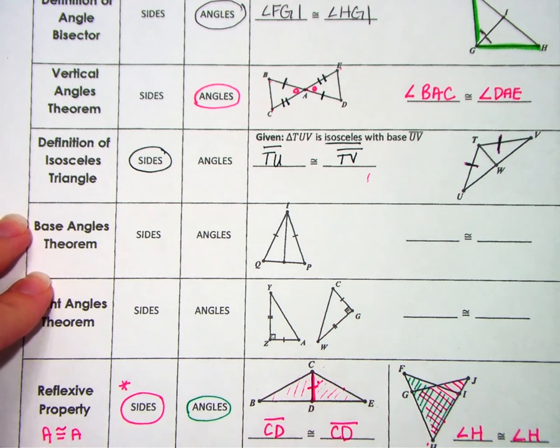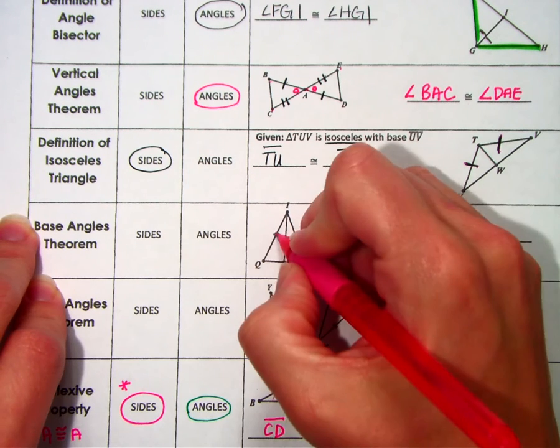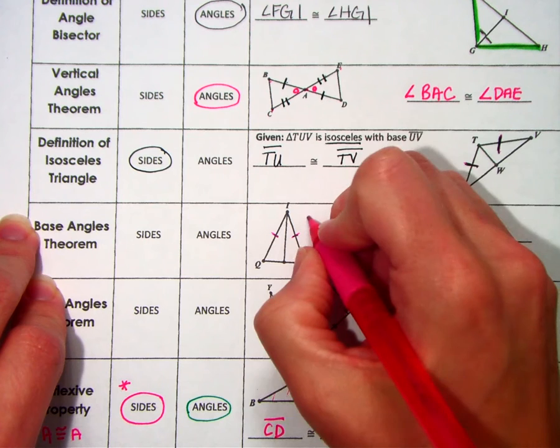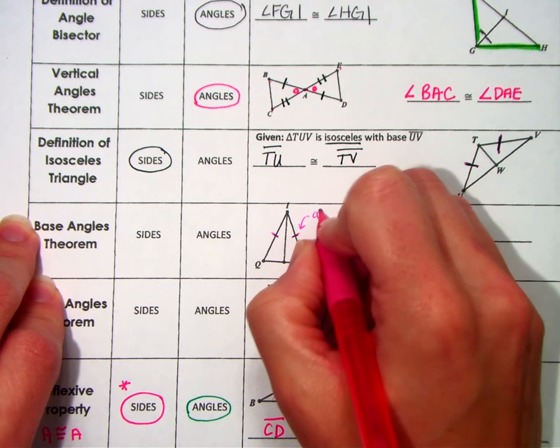And then if I have an isosceles triangle where it's already marked as isosceles, so notice these markings are already there, there's no given statement up here, but these are already marked.